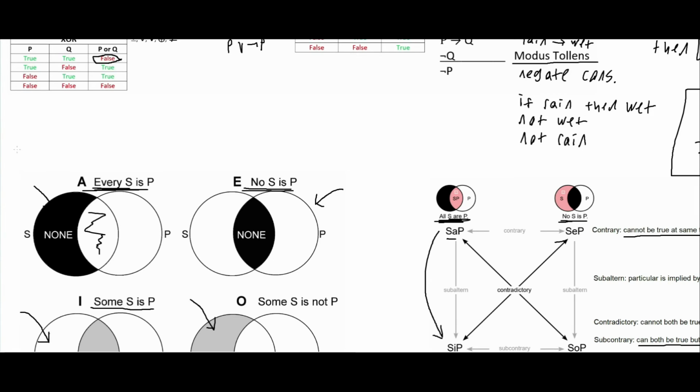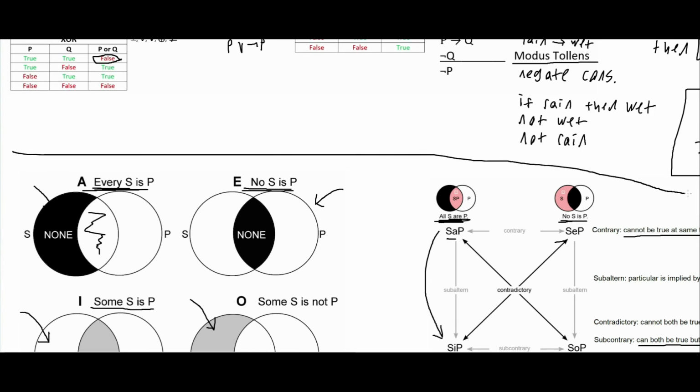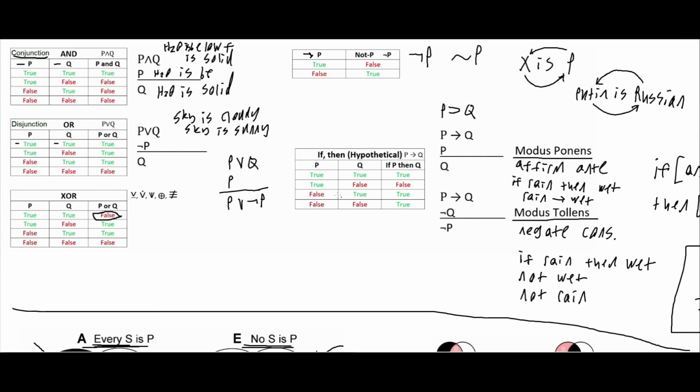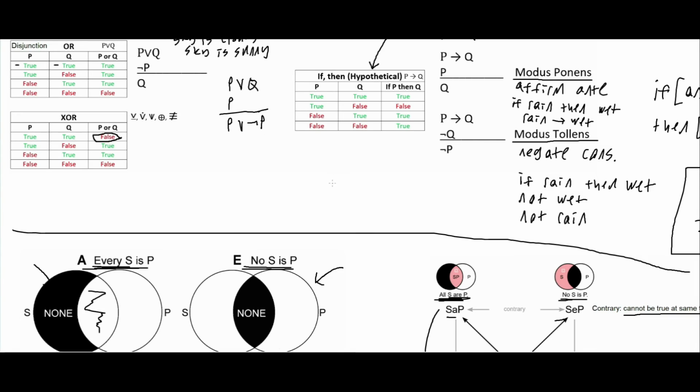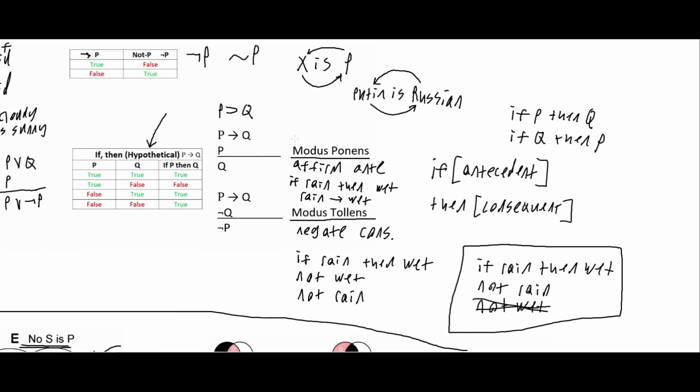So this stuff down here, below this line, was all what is called categorical syllogisms. There are hypothetical syllogisms and there are categorical syllogisms. Hypothetical syllogisms are these ones where they're only valid when we use the modus ponens or modus tollens.